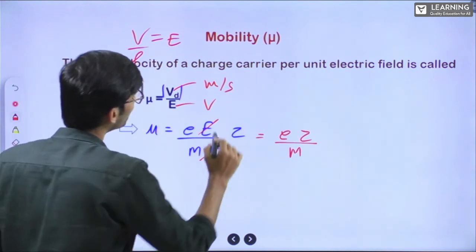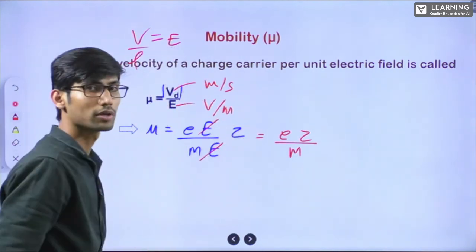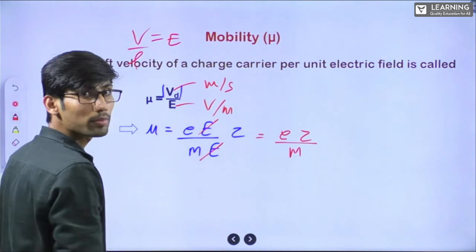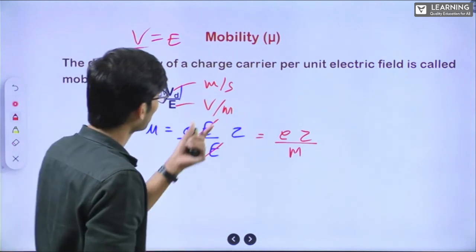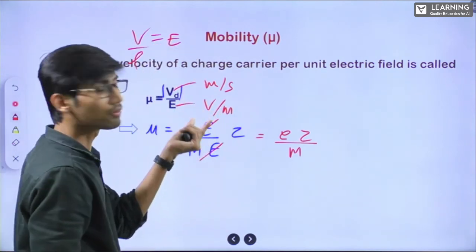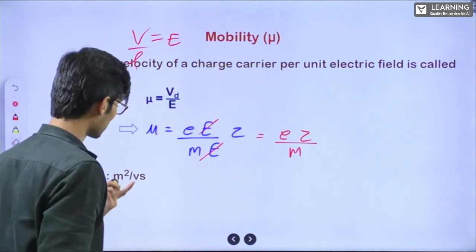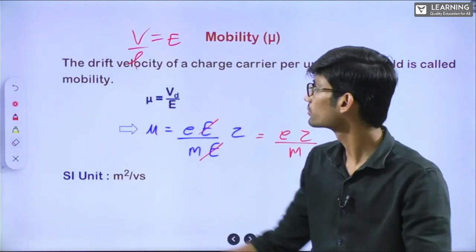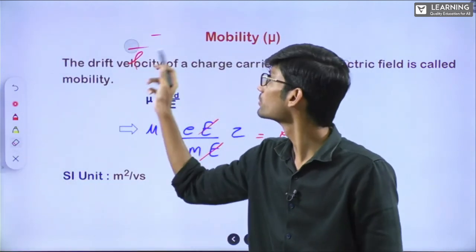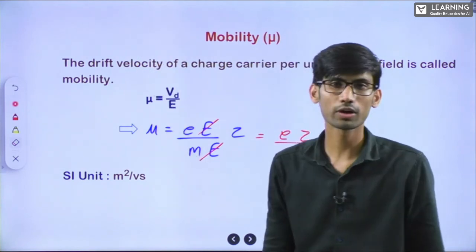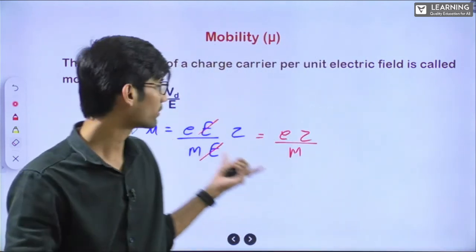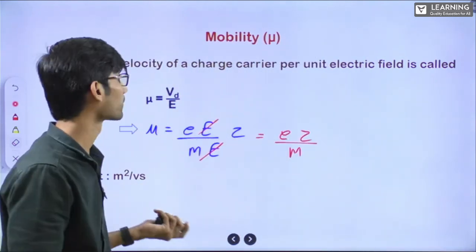Volt per meter. Correct? From here, this meter will go up, meter square per volt second. That is the SI unit. Meter square per volt second. Okay, this much is mobility. That's all. Only the formula is important and the SI unit.